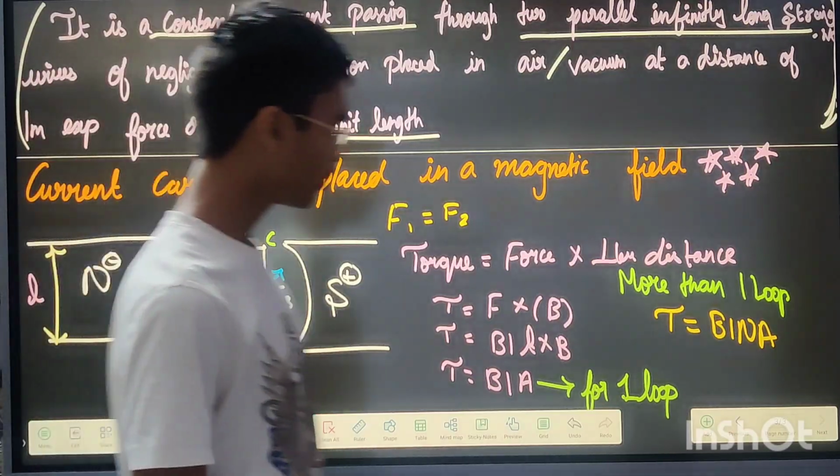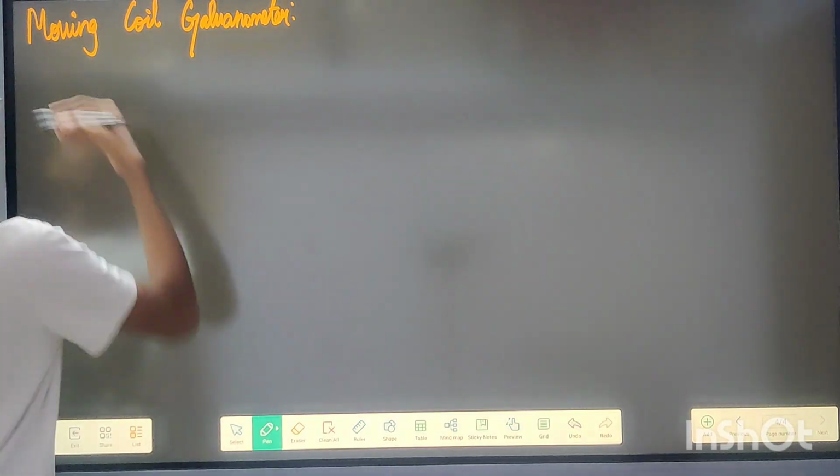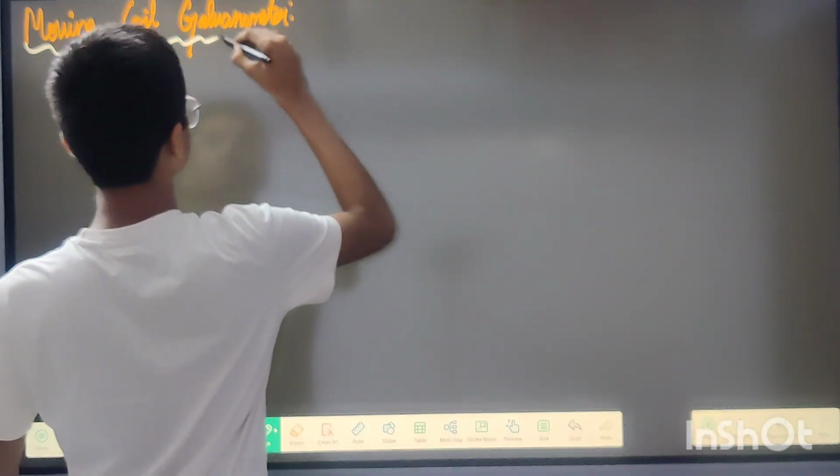Okay. Now what we are going to see is the tangential galvanometer, also known as the moving coil galvanometer. What is this moving coil galvanometer?